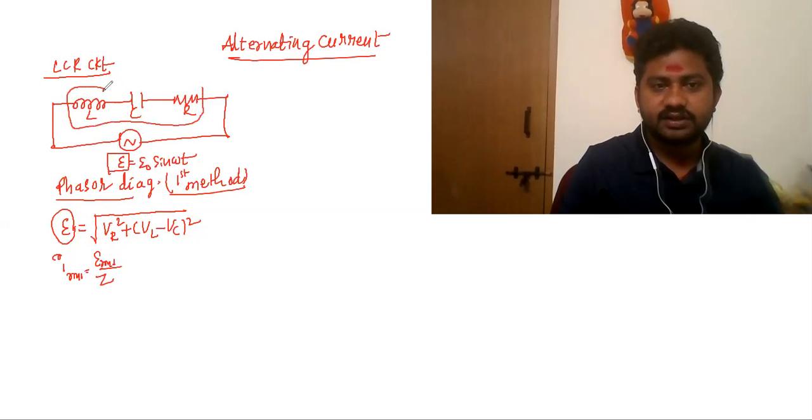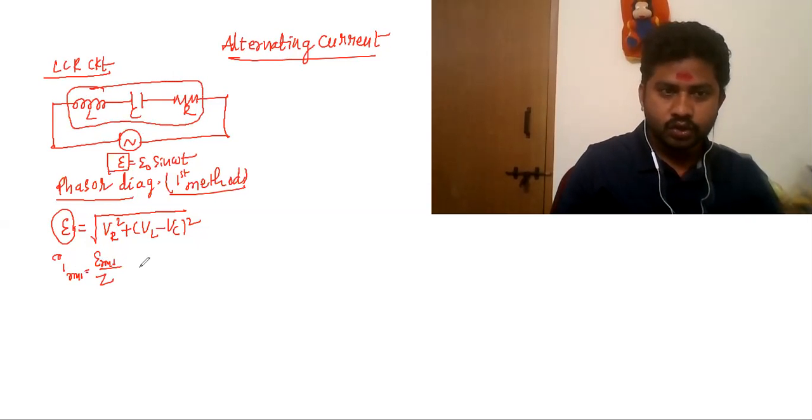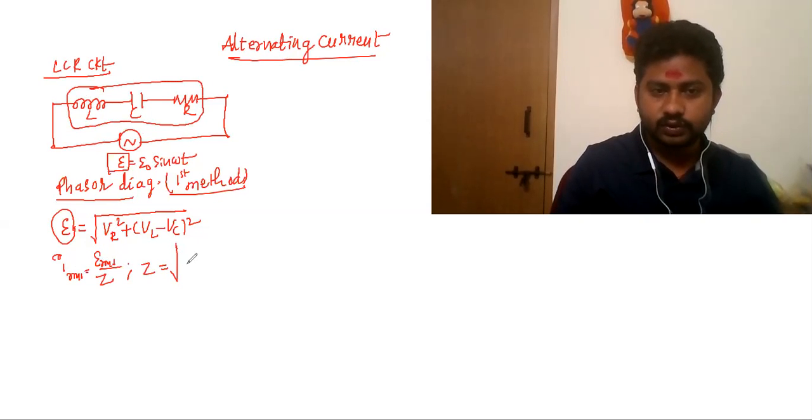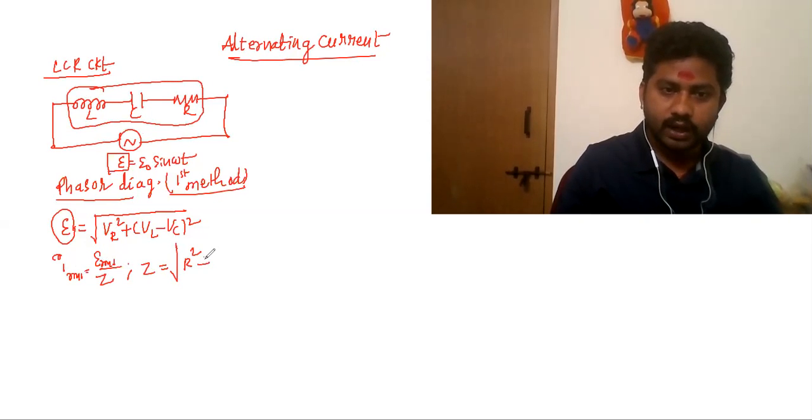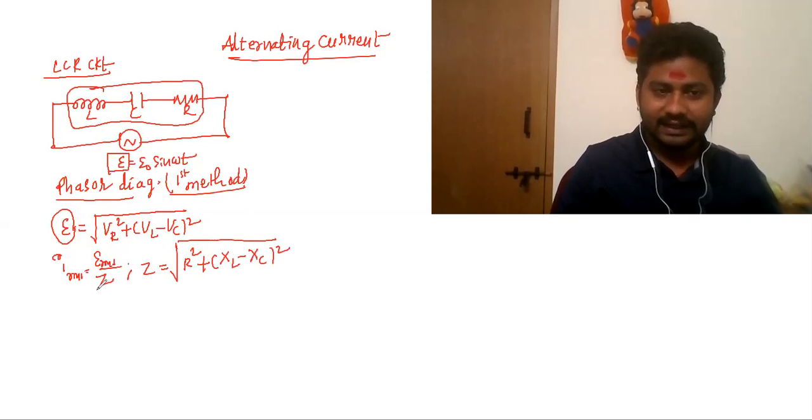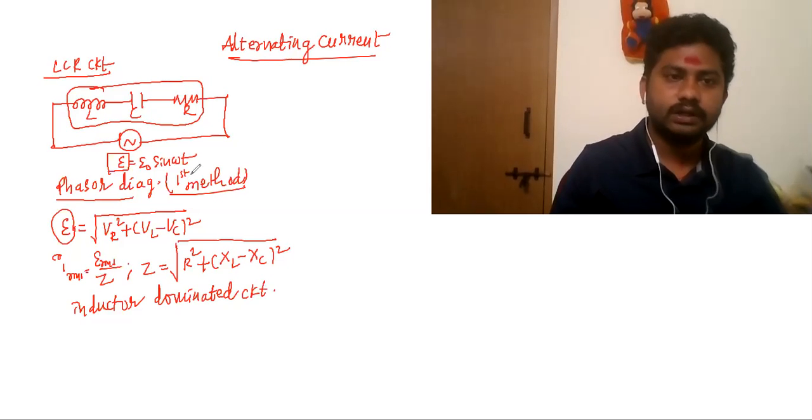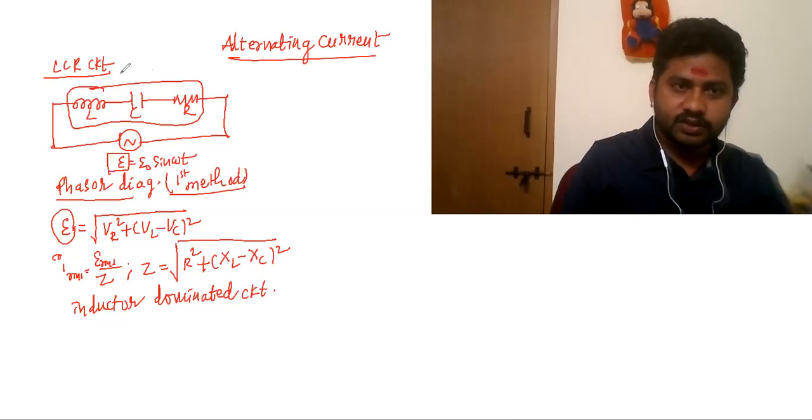From here we also found Z is equal to square root of R square plus XL minus XC whole square. This is called an inductor dominated circuit, which is our assumption.